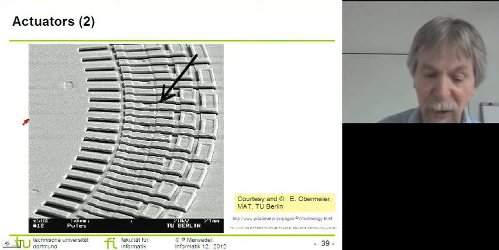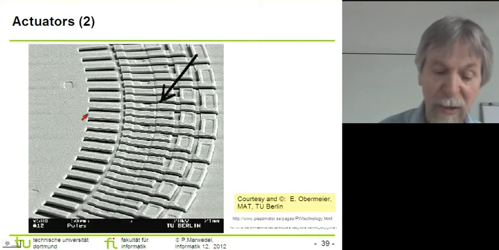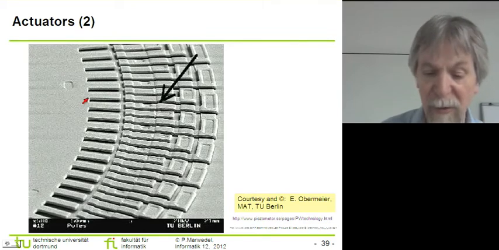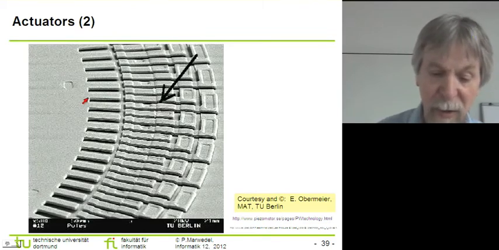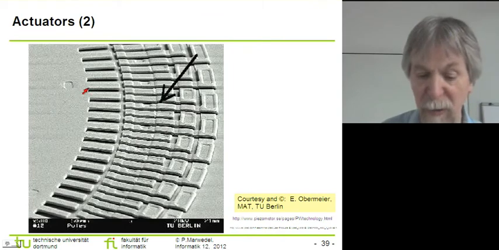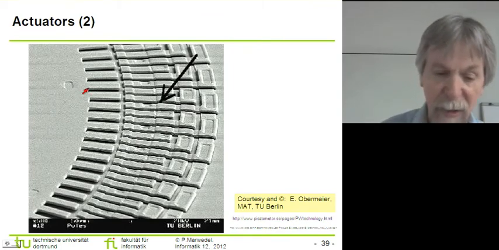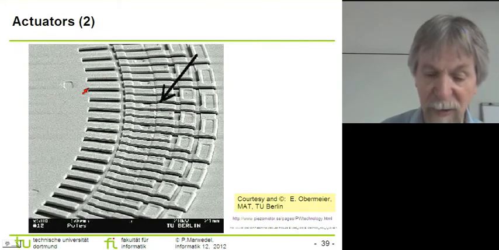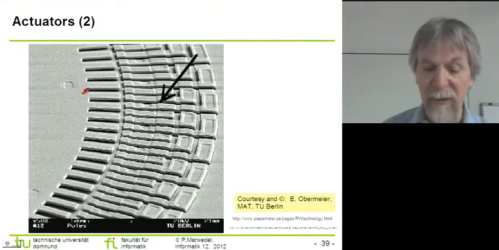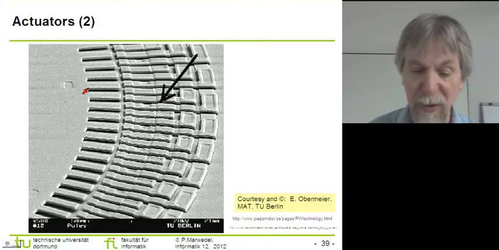With microtechnology, it's feasible to design extremely small motors that can be used, for example, for pumps that are built into the human body to supply a constant flow of medication if needed. And there are many other specialized actuators as well. Again, like I said, it's not possible to present all of them.